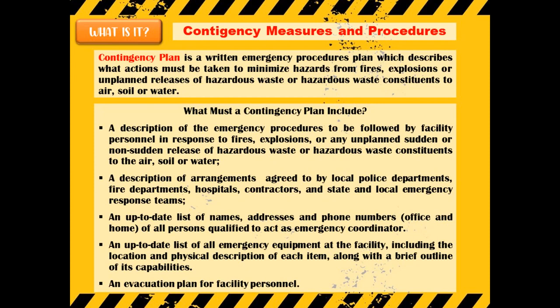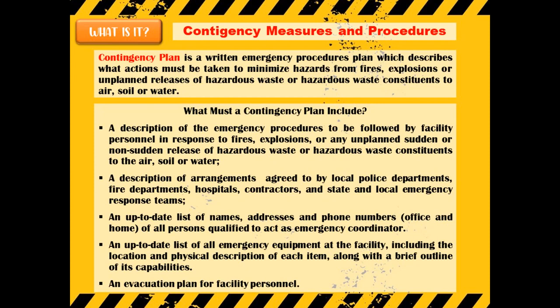A description of the emergency procedures to be followed by facility personnel in response to fires, explosions, or any unplanned sudden or non-sudden release of hazardous waste or hazardous waste constituents to the air, soil, or water. A description of arrangements agreed to by local police departments, fire departments, hospitals, contractors, and state and local emergency response teams.